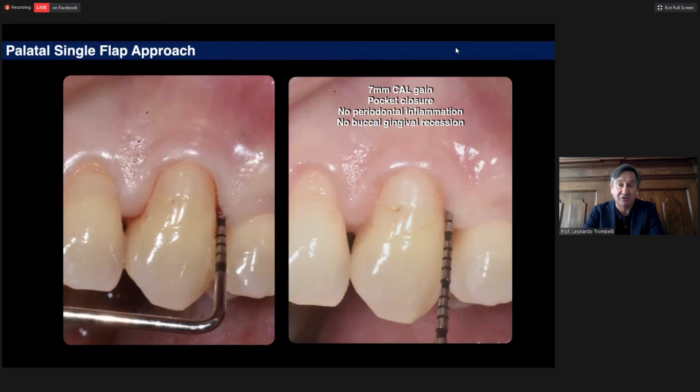But what is more striking here is that everything was done by leaving the gingival profile completely intact. So it was unaltered, starting from the pre-op view to the 1-year follow-up.